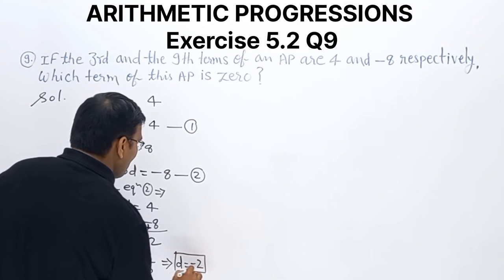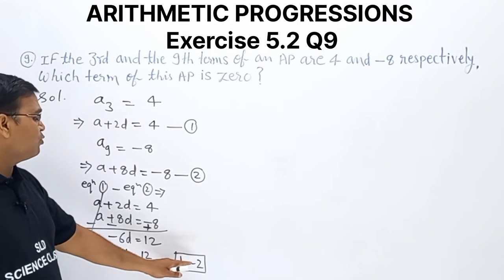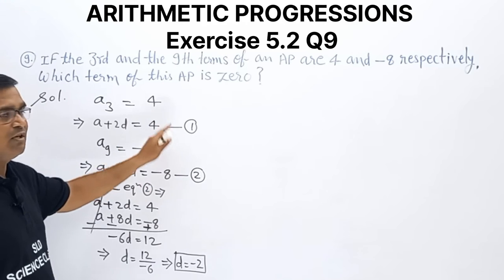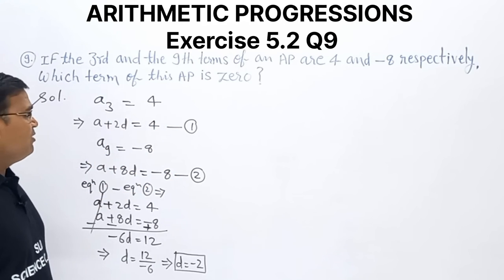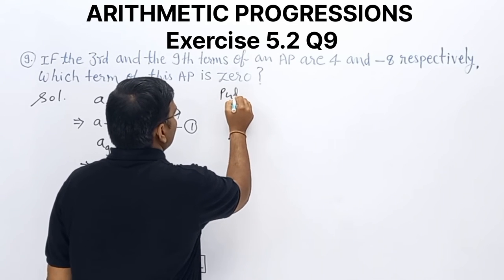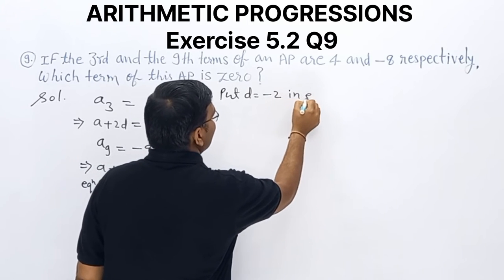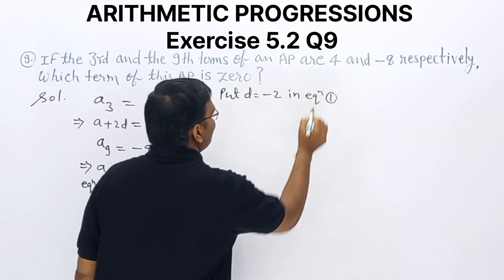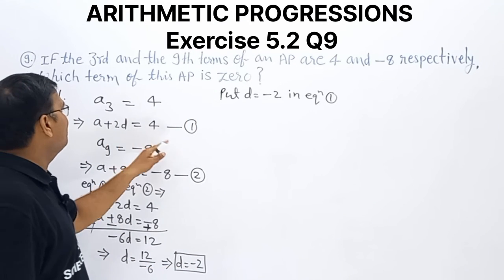So we obtain the value of d. Once we put d equal to minus 2 in equation 1 or equation 2, we get the value of a. I am putting d equal to minus 2 in equation number 1.